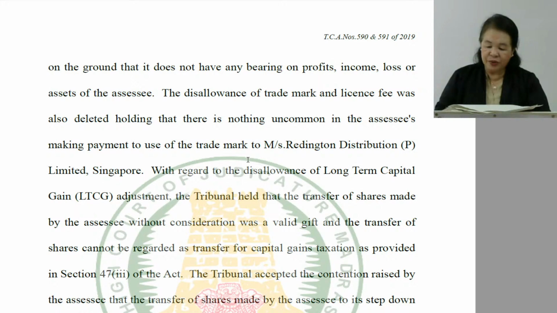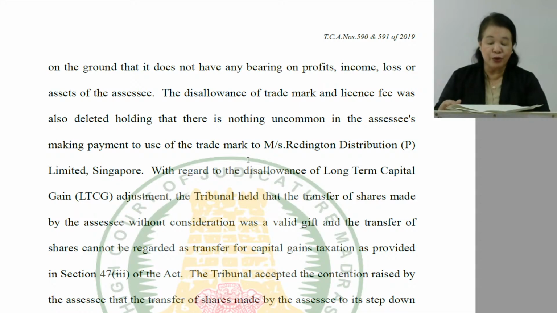The disallowance of trademark and license fee was also deleted. Tinanggal din. Holding that there is nothing uncommon in the assessee making payments to use of the trademark. Remember, ang binabasa ko sa inyo ngayon is the decision of the appellate court, sa income tax appeal tribunal.